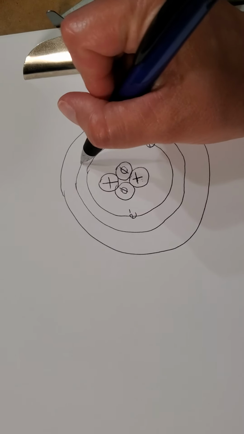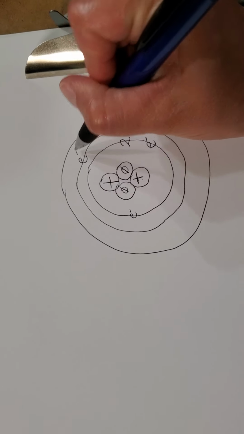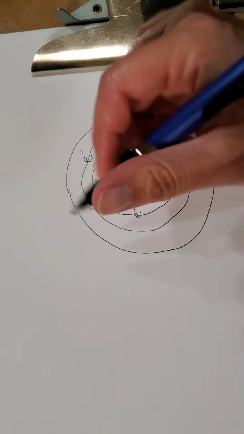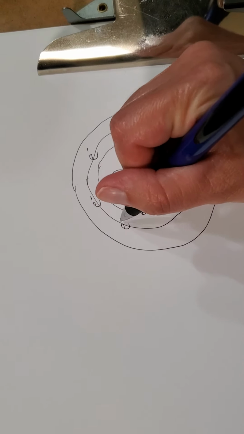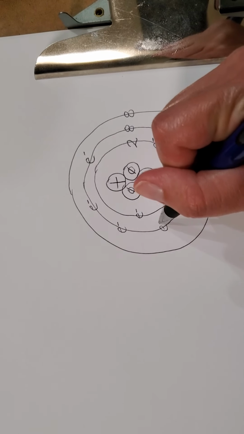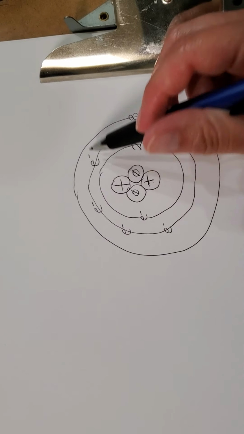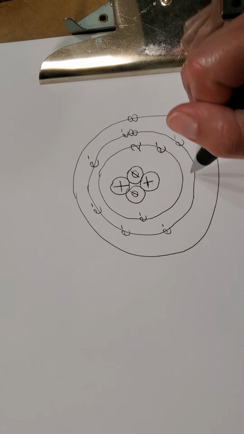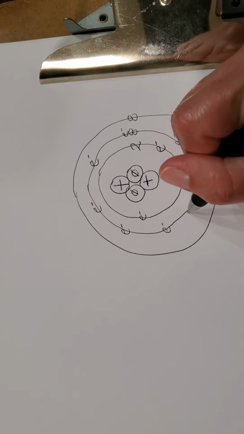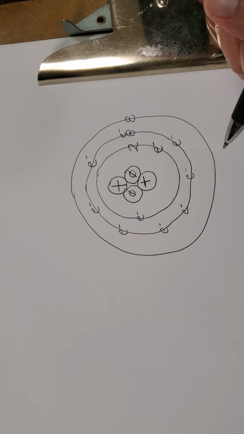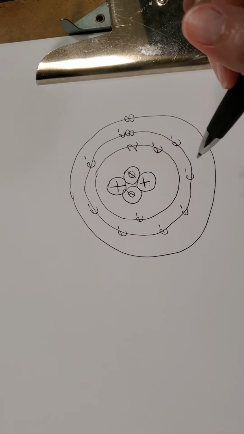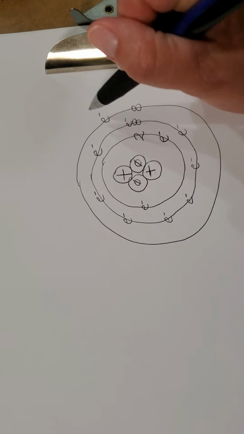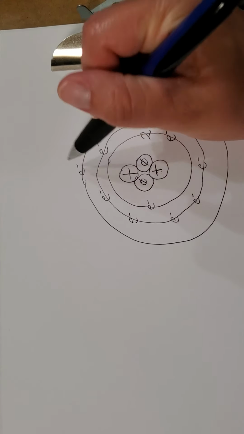Okay, and then the second shell or energy level or cloud would fit 8: 1, 2, 3, 4, 5, 6, 7, 8. Okay, and then the third shell that we study is going to also contain 8.